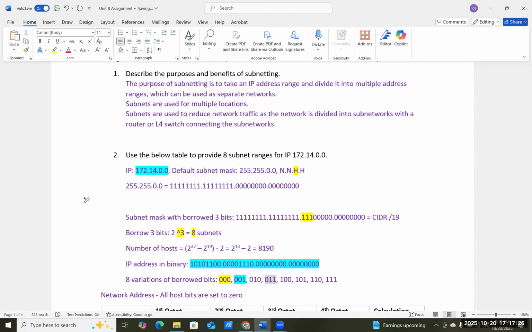So it would be 2 to the power of n is equal to 8. So what is n? I know that 2 to the second power gives me 4, 2 to the third power is going to give me 8, right? So I would know that n is 3.